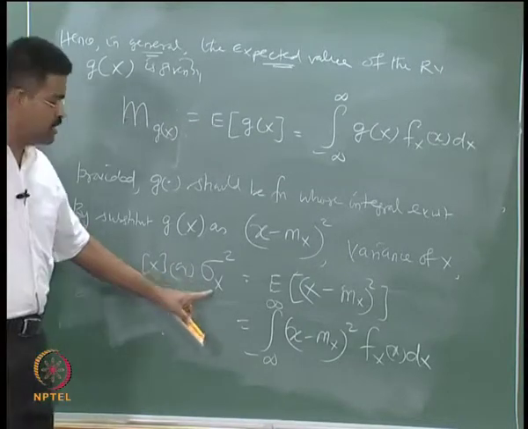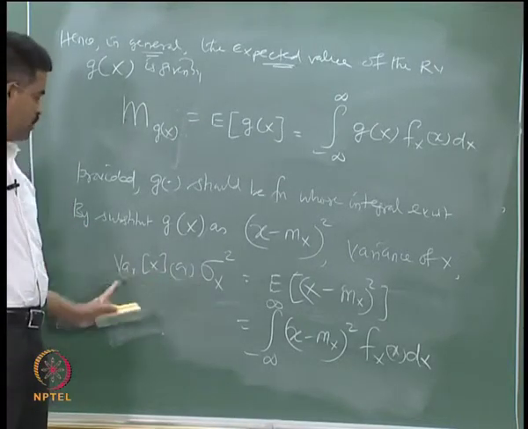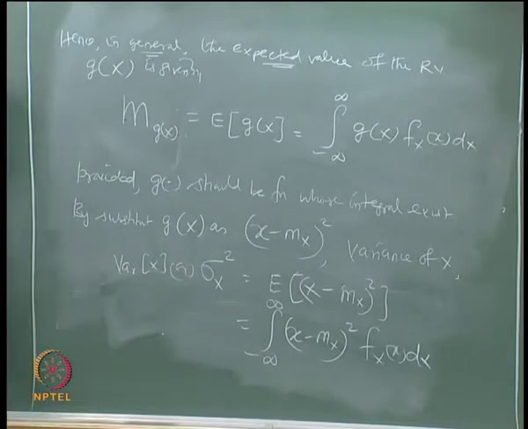Sigma x is called the standard deviation and the square of the standard deviation is what we call the variance.